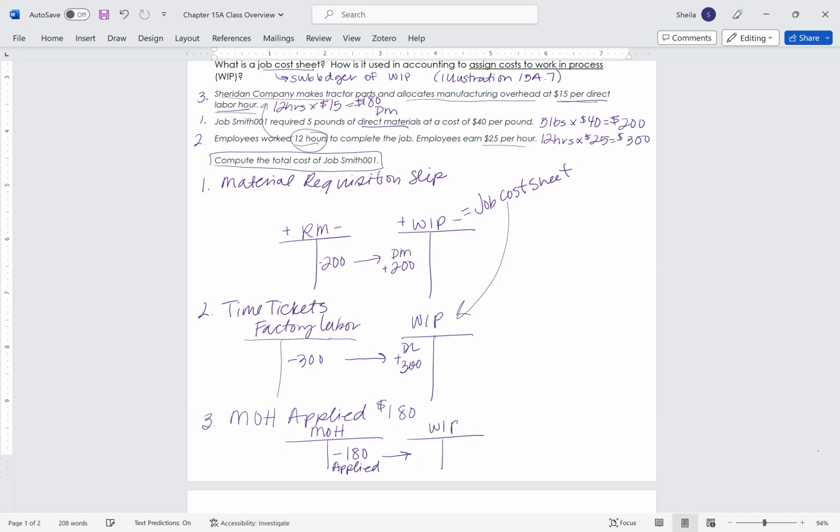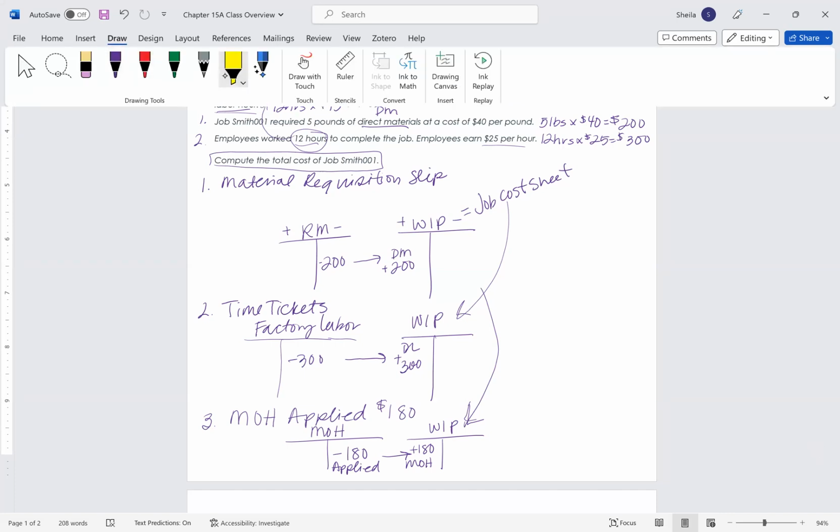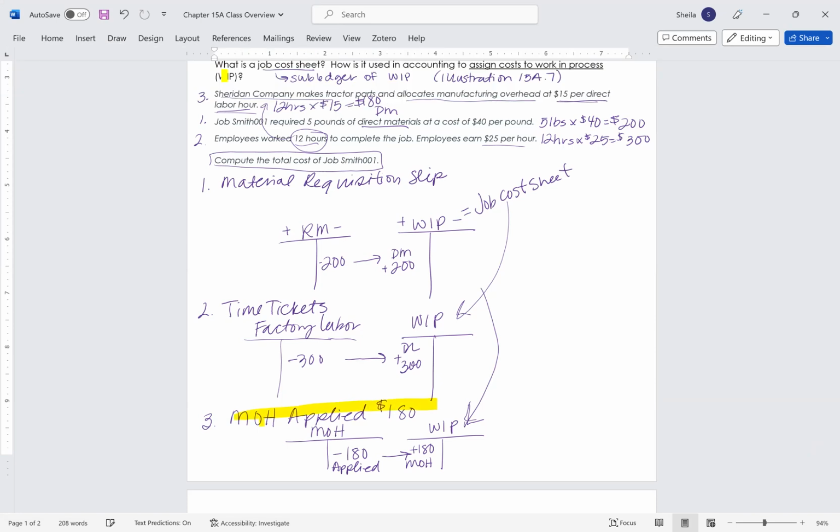And you guessed it, we're putting it into WIP, again representing that job cost sheet. So this is our manufacturing overhead applied. This particular concept we're going to cover in the next video: what really is manufacturing overhead applied, and how do we keep track of that manufacturing overhead to make sure that all of our costs are being recognized?